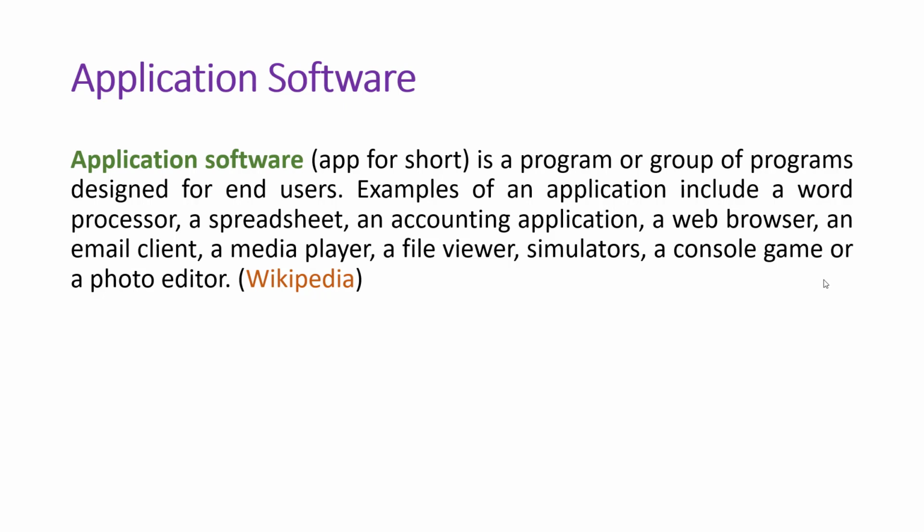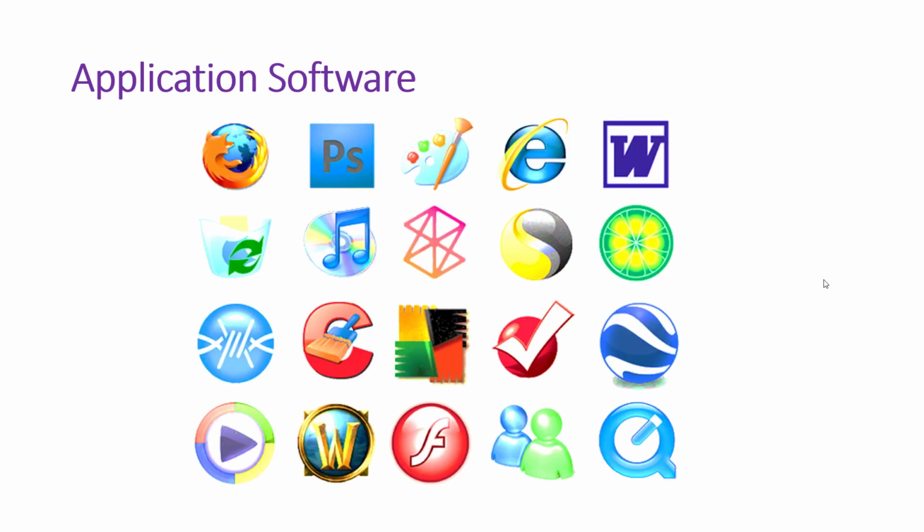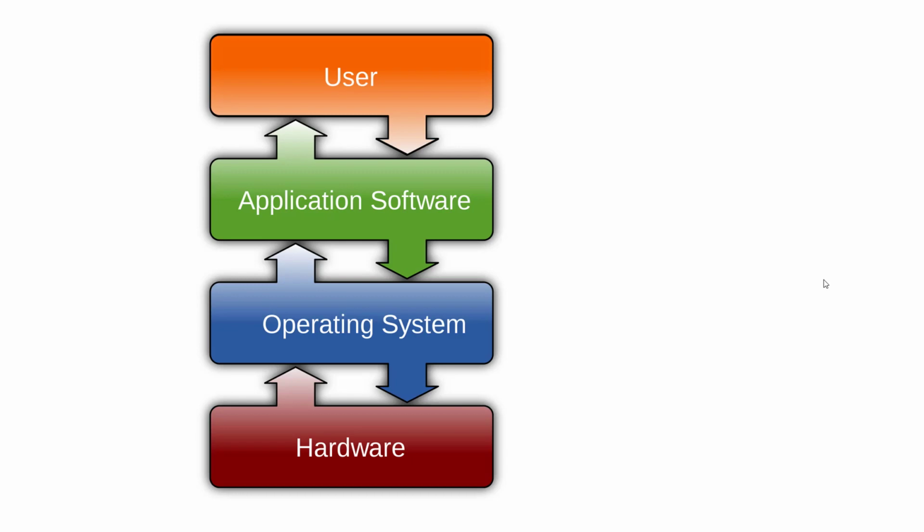Examples of application software can be a word processor, as I already mentioned before, a spreadsheet, web browser, game console, photo editor, etc. The hardware is connected with the operating system, and the operating system is also sometimes used by the application software. Again, those application software are being used by the user. In this way, we have a change of layer between the hardware and the user.